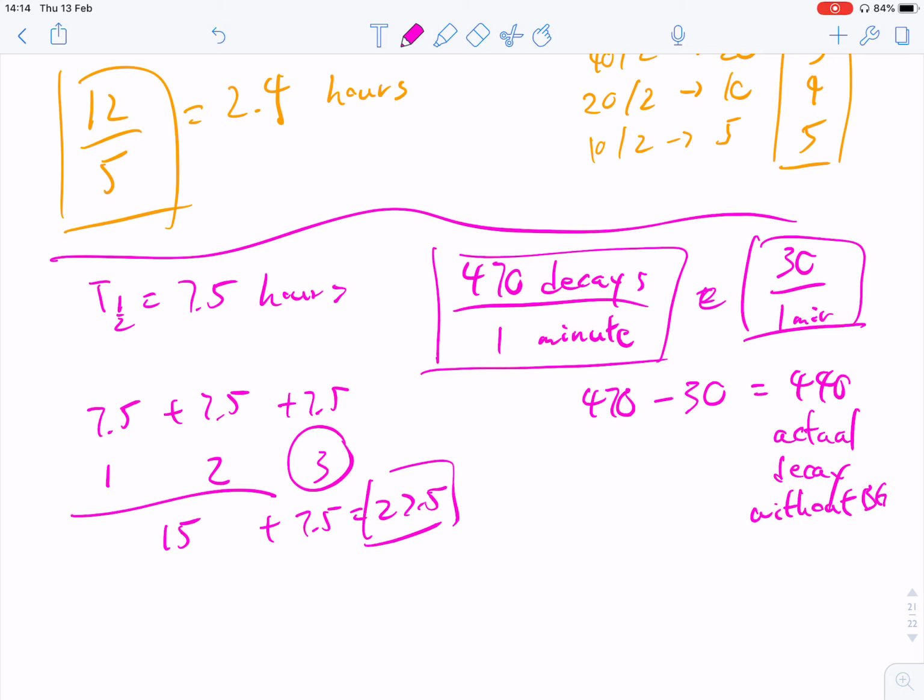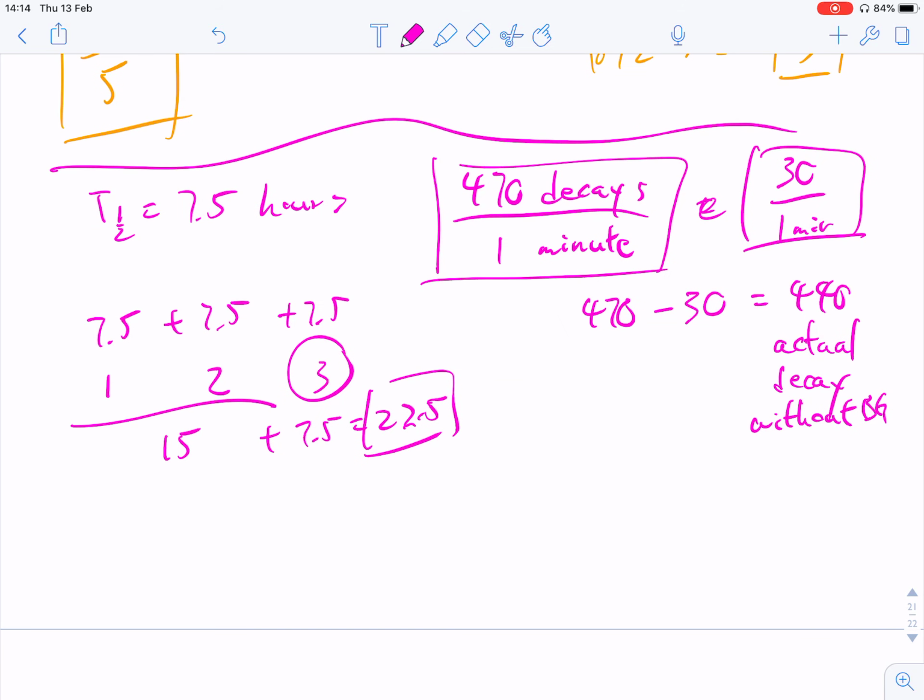So that's the number that is going to shrink by 3 half-lives. So we're going to do 440. 3 half-lives is 2 to the power of 3, or 8. So 440 divided by 8 is going to give us 55. That's without background radiation, though.